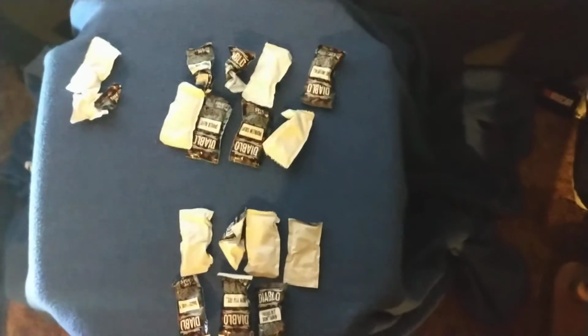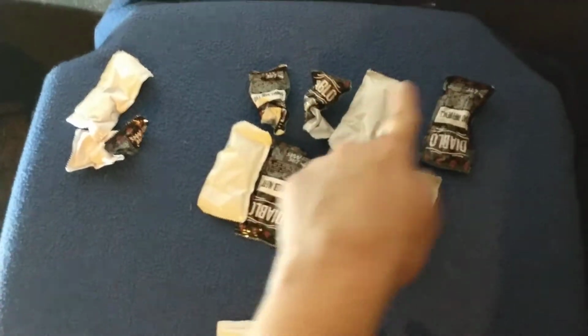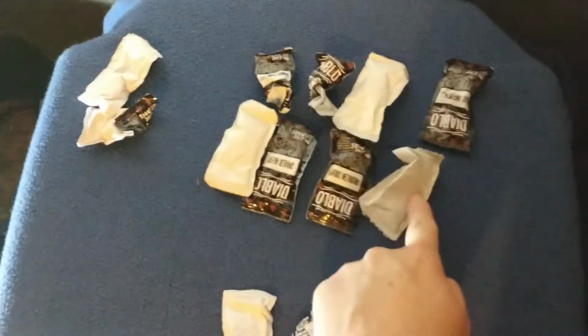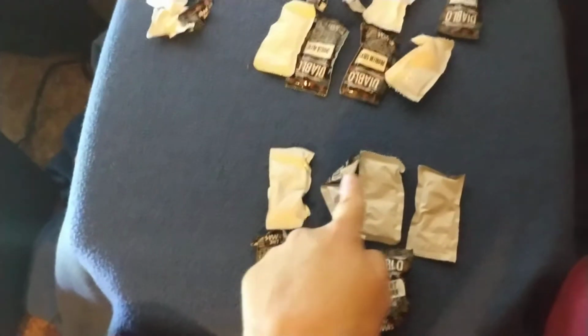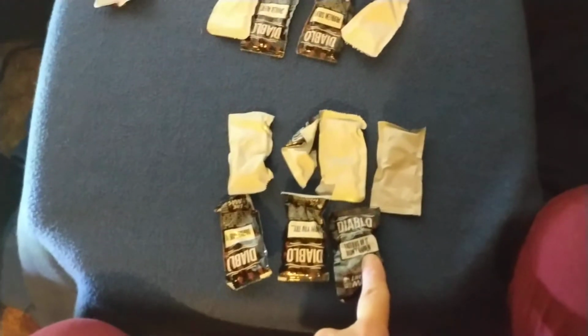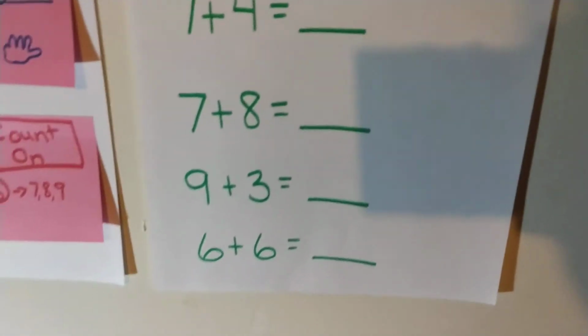Oops, can't see. Alright, so I have a group of 7 and a group of 8. Let's touch and count. Let's count all of our objects. Ready? 1, 2, 3, 4, 5, 6, 7, 8, 9, 10, 11, 12, 13, 14, 15. So 7 plus 8 equals 15.